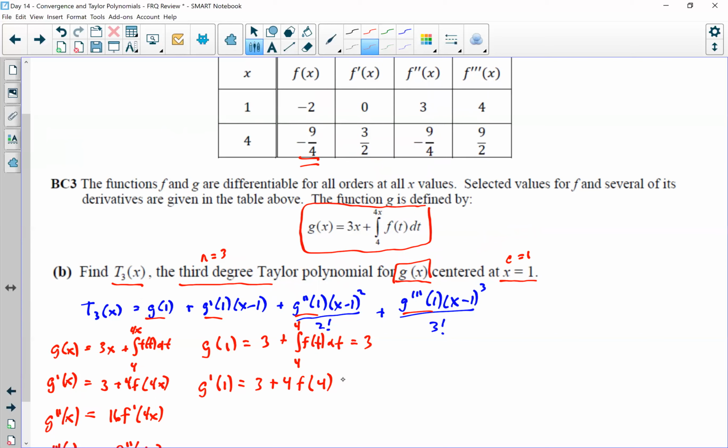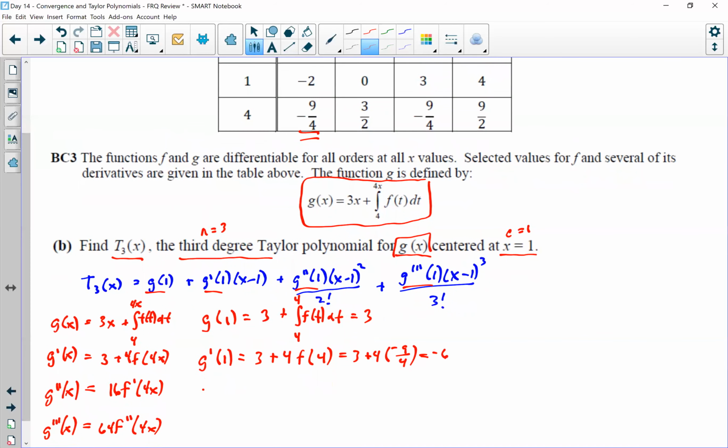And so g prime of 1 is going to be 3 plus 4 times negative 9/4. That's what f of 4 is. And if I reduce this, luckily the 4's kind of cancel, right? At first, when you saw that table, you're like, oh my God, he's giving me these horrible fractions. That's actually being nice. It's going to turn out pretty nice. And so the 4's cancel, and 3 minus 9 is just negative 6.